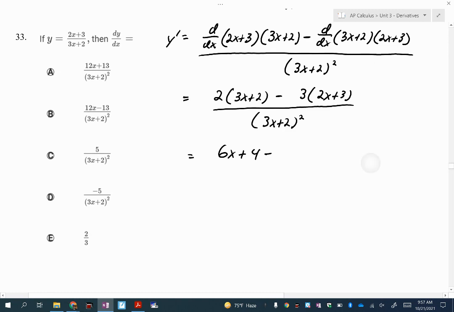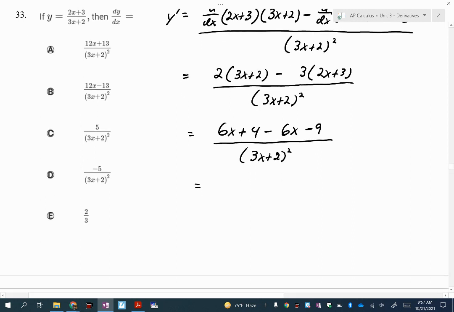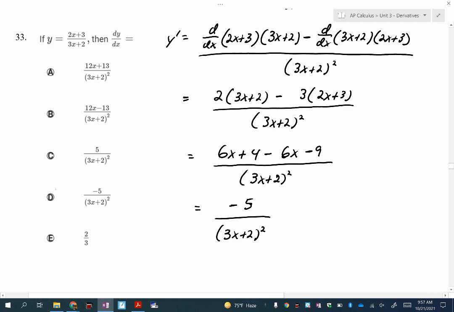So at the same time, gives you negative 6x minus 9. Keep writing that denominator. And now you should notice that your 6x and your minus 6x are going to make 0. So my numerator is just going to be 4 minus 9, which is negative 5. All right, so my answer is going to be D.